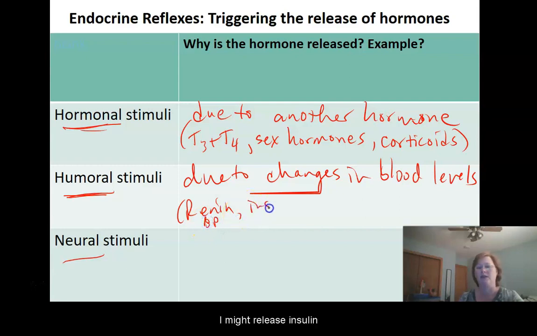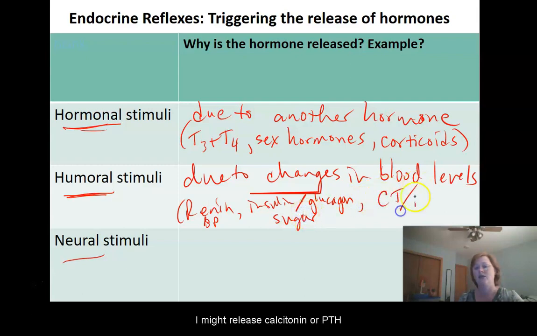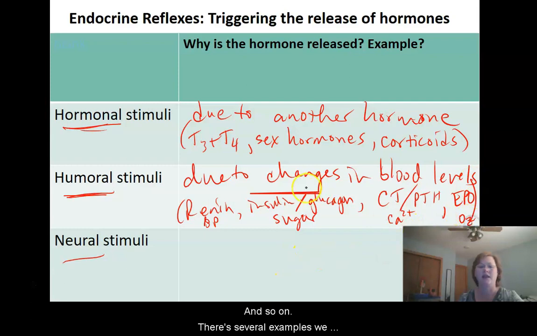I might release insulin or glucagon due to blood sugar levels. I might release calcitonin or PTH due to calcium levels. I might release EPO due to oxygen levels, and so on. There's several examples we can come up with here.